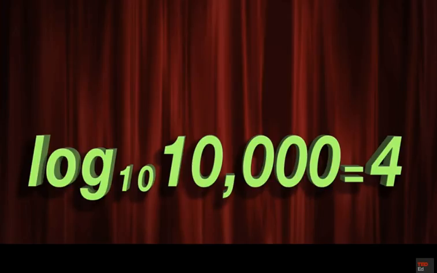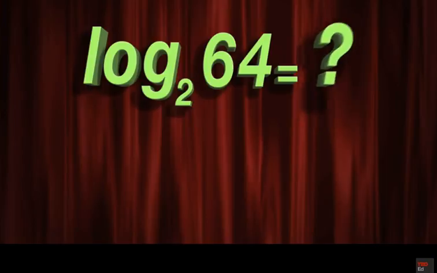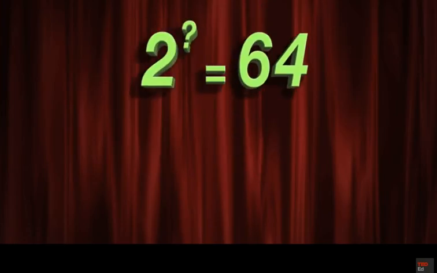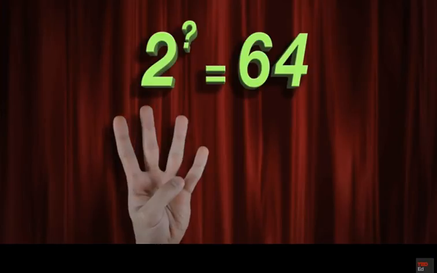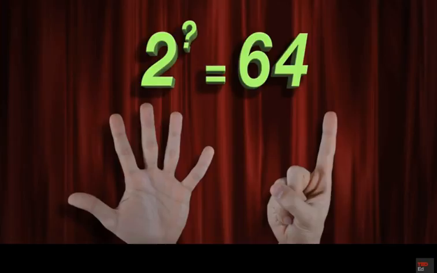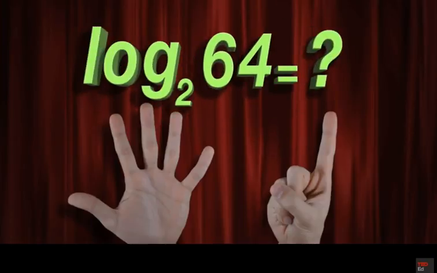If the calculator will figure out logs for me, why study them? Just a quick reminder, the log button only computes logarithms of base 10. What if you want to go into computer science and need to understand base 2? So what is log base 2 of 64? In other words, 2 raised to what power is 64? Well, use your fingers. 2, 4, 8, 16, 32, 64. So log base 2 of 64 must equal 6.